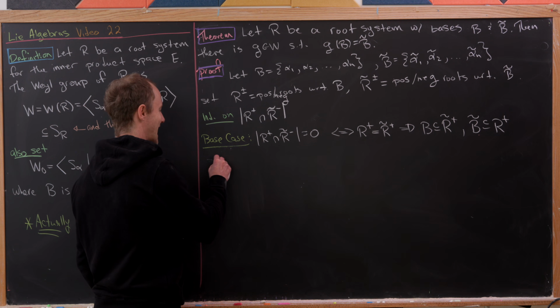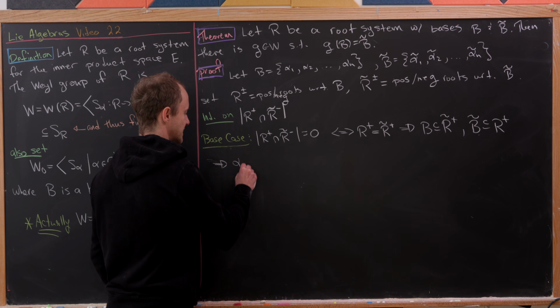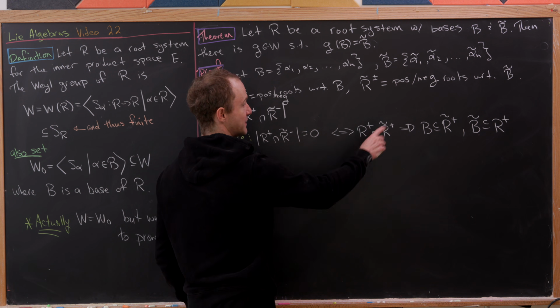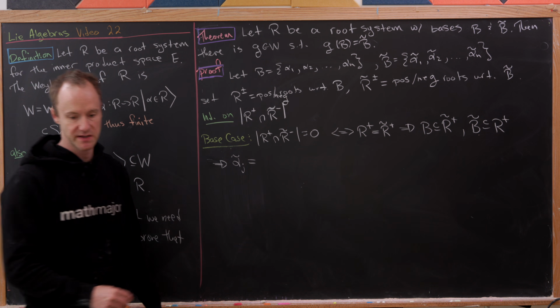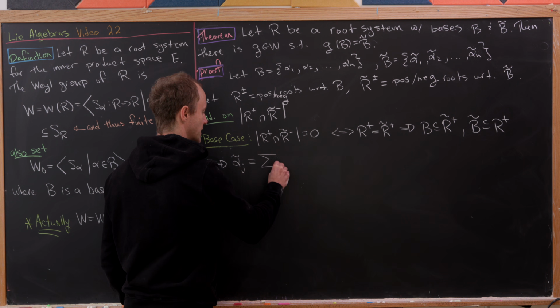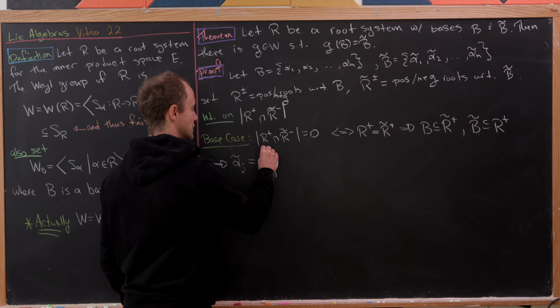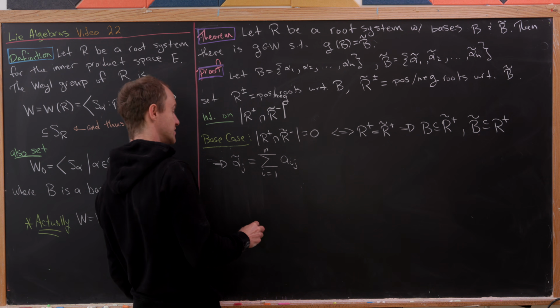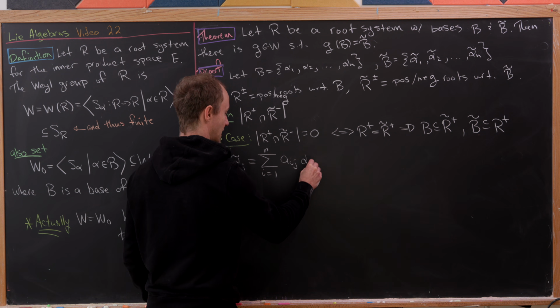Okay, but then what does that give us? So that tells us that, let's say we've got a root vector alpha j tilde. Since it's in B tilde, it's in R plus. But that means that it can be rewritten as the sum as i goes from 1 to n of these numbers a i j times alpha i.